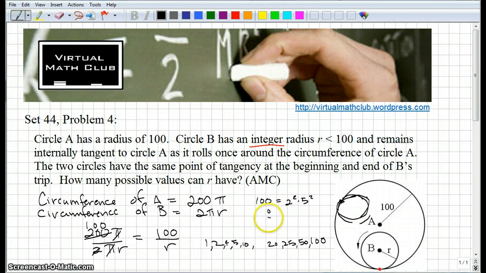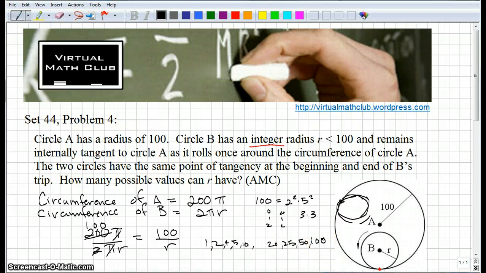We can have a power of 0, 1, or 2. And we have 3 choices for the power on 5. We can have 0, 1, or 2, and all of the different combinations of those powers will give us the number of factors. So it's just 3 times 3, right? So we have 9 factors. Now do we have 9? 1, 2, 3, 4, 5, 6, 7, 8, 9. Yes, we have 9 factors. So we've got them all.